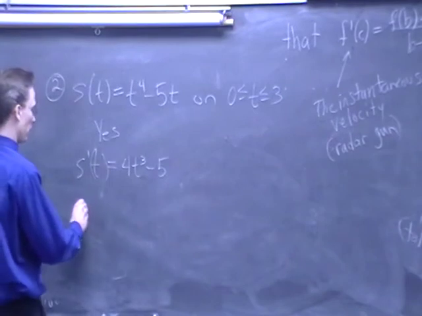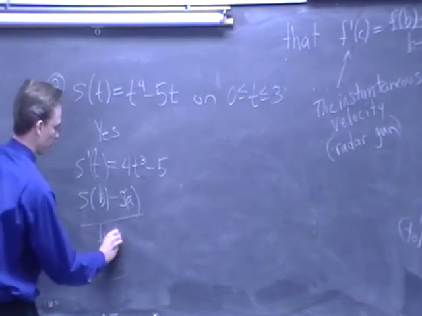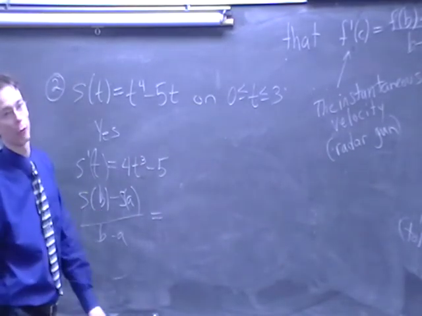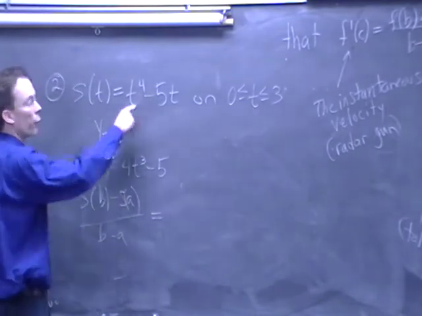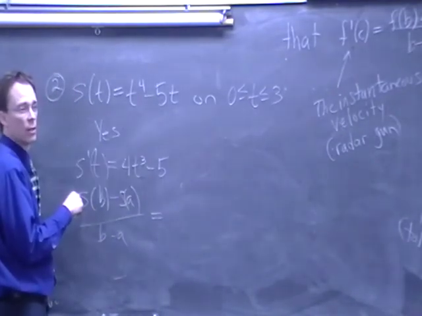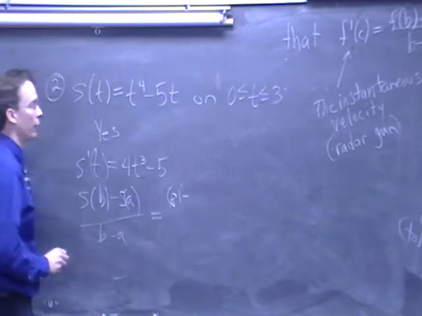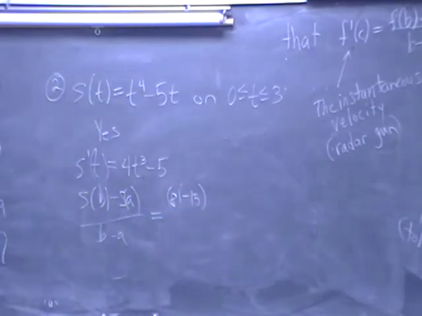So would you have to plug in like 3 and 0s? S of b becomes s of 3. So 3 to the fourth? 81 minus 15, right? Yep.